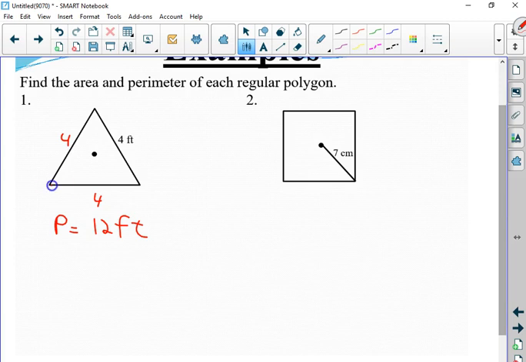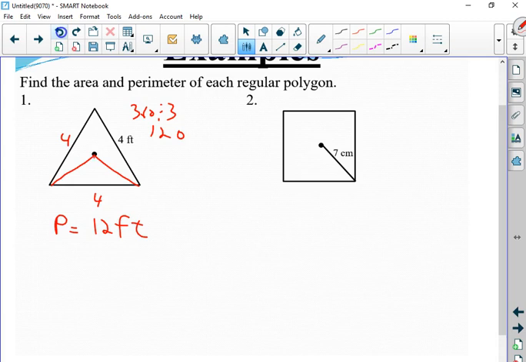So, as we imagine this was in a triangle, the triangle's in a circle, and we drew that, this would be our central angle, right there. Okay, and to find out what that is, we take 360 divided by 3, which tells us 120. So the central angle is 120.